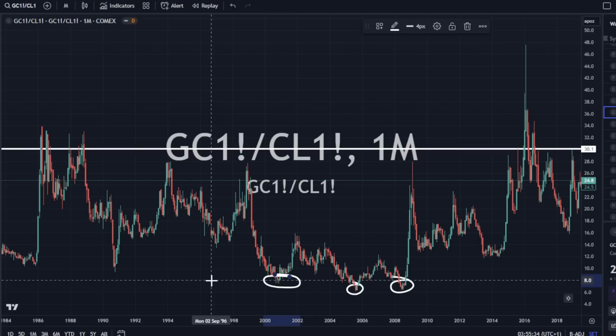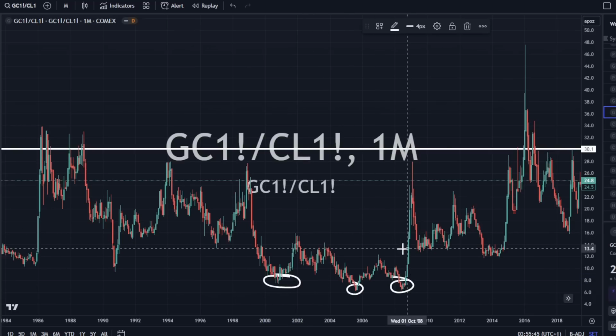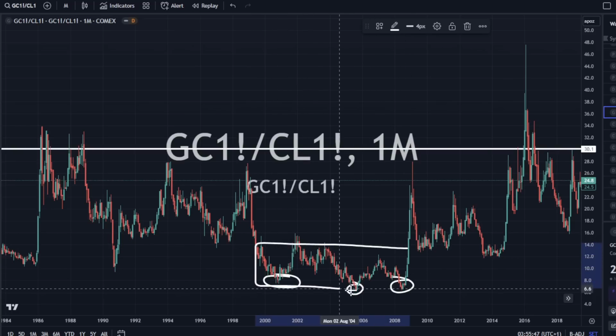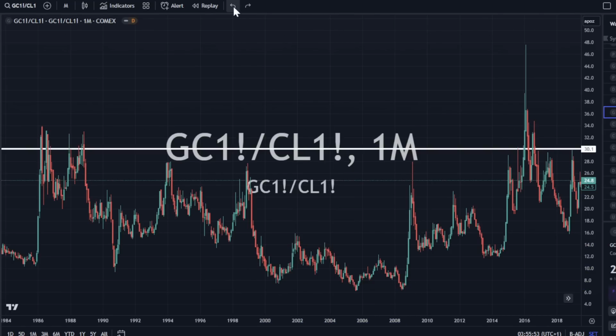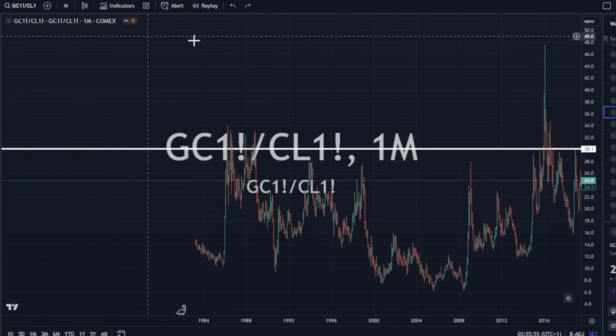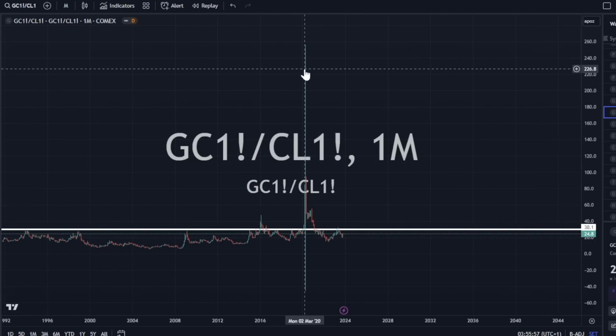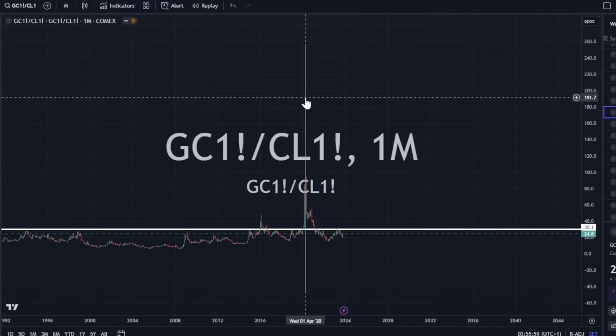Now, if you notice in 2000, oil was at a ratio of 8 to 1 in the beginning of the last bull market of commodities. And that ratio has stayed very compressed to the downside during that entire time frame. Recently, we were at a ratio that went to like 100, 200.